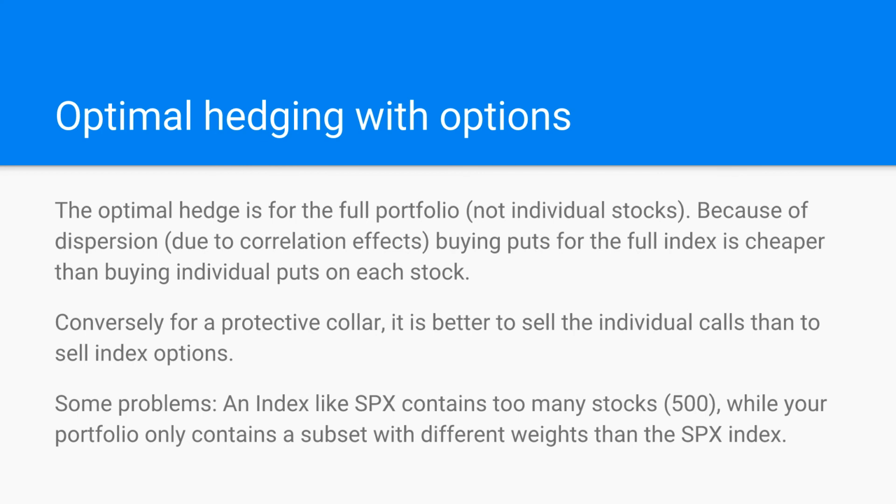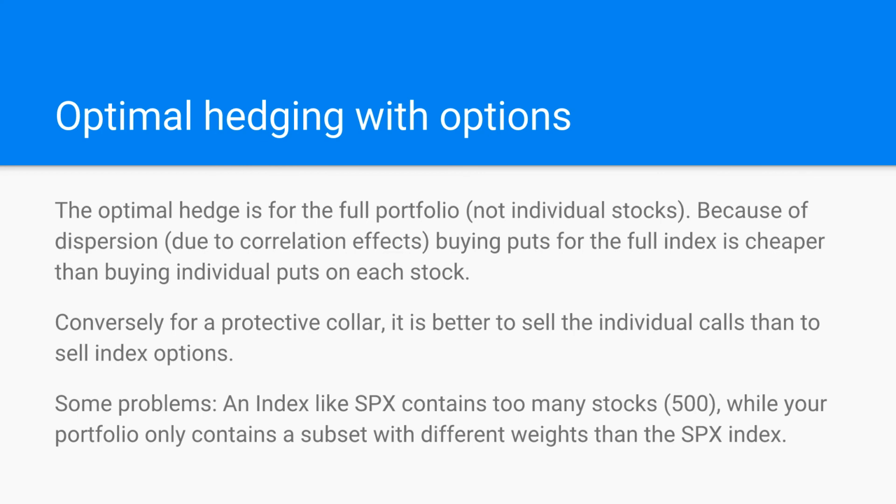Because of something that is called dispersion. Dispersion is a well-known phenomenon, which, as I mentioned, happens because the correlation between the assets is not perfectly 1.0. So asset correlation is not 1.0, then there is dispersion with the index. An index like the S&P 500 is made of about 500 stocks, more or less.